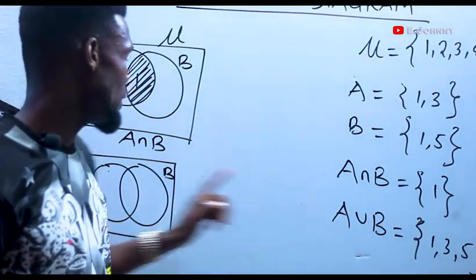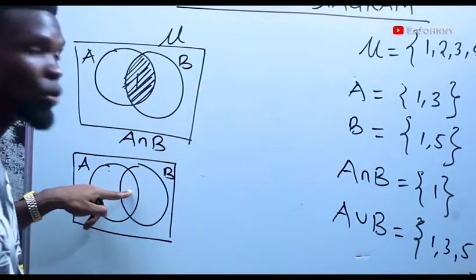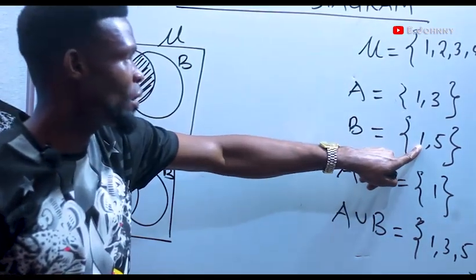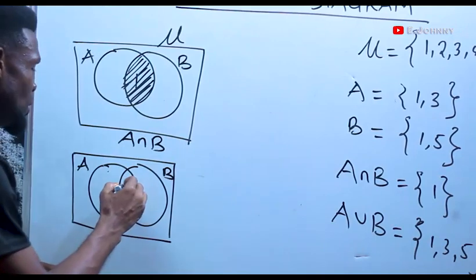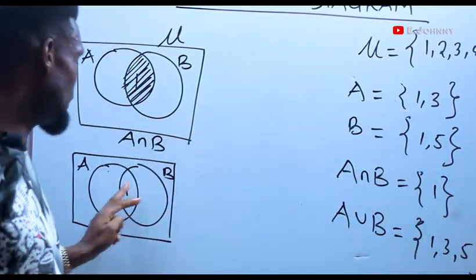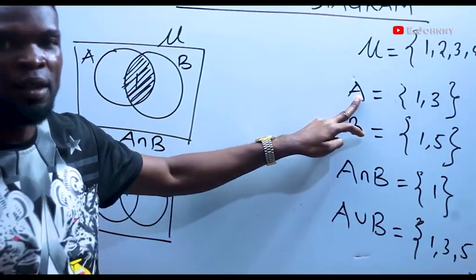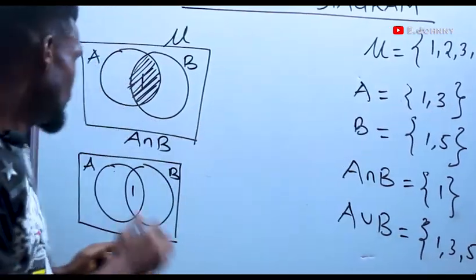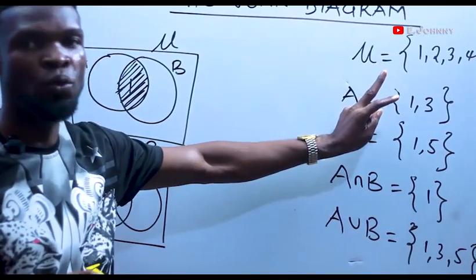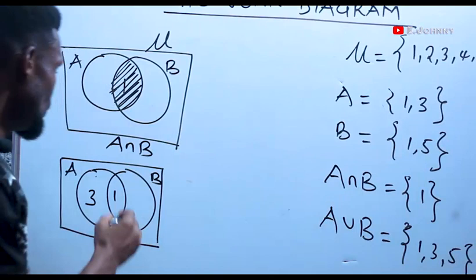But you know, if you want to find the union of these sets, 1 is common here, which is the intersection. So look at the 1 here. If 1 is common and I pick it out, in set A what is left will be 3. Look at the 3 here. What is left in B, having picked out 1, is 5. Look at the 5 here.